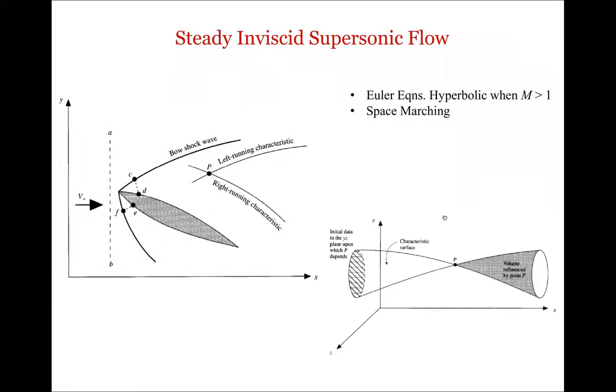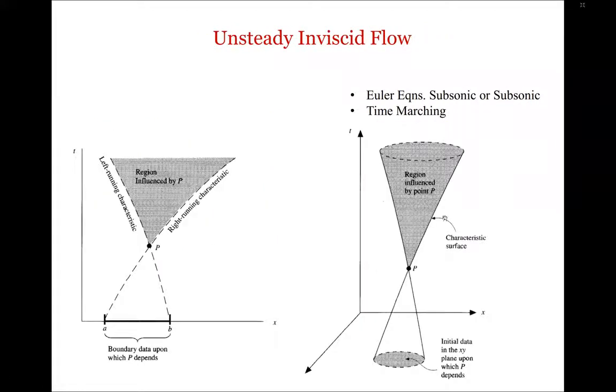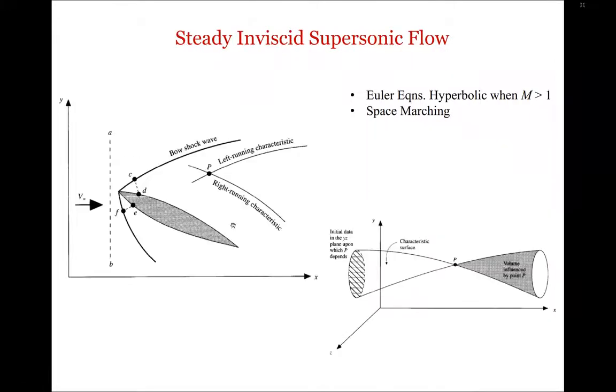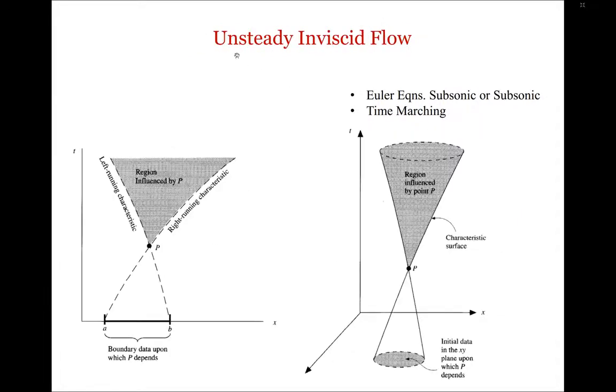Now, moving forward, unsteady inviscid flow. The Euler equation, subsonic or supersonic, is time marching, whereas the previous case is space marching. Steady inviscid supersonic flow is space marching, whereas unsteady inviscid flow is time marching.